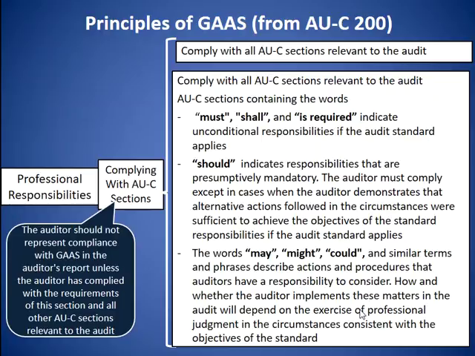Now, lastly, the words may, might, and could, and similar terms and phrases, describe actions and procedures that the auditor has a responsibility to consider. How and whether the auditor implements these matters in the audit will depend upon the exercise of professional judgment in the circumstances, consistent with the objectives of the standard. So if you get a standard that says may, might, or could, you have an obligation to determine whether or not that standard should apply.